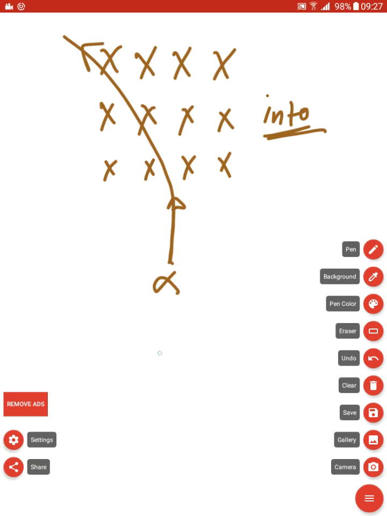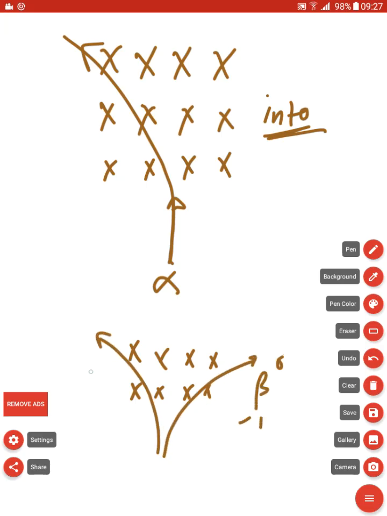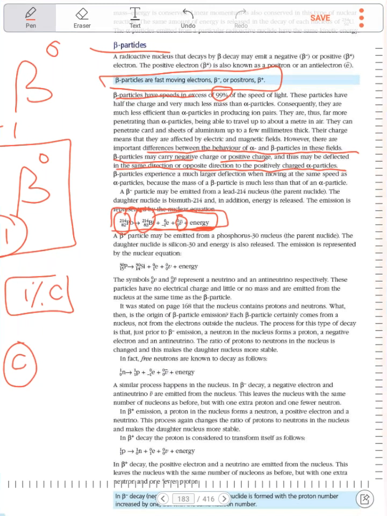But if we have a negative charge like negative beta, it will deflect to the opposite side. But if we have beta positive, it will deflect to the same side as alpha with a different radius.